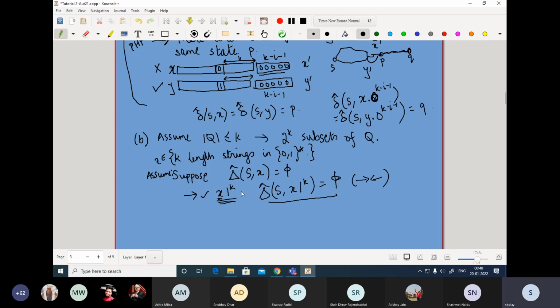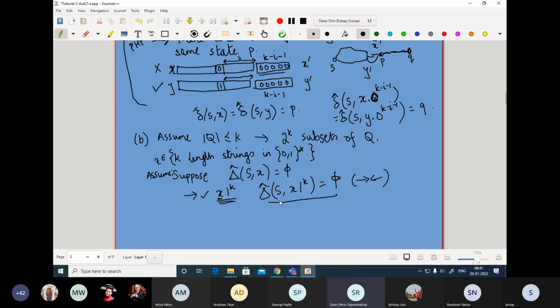If I append y to x where delta hat sx is phi, then delta hat sxy will be phi from the definition of delta hat. Phi applied to y would be phi.